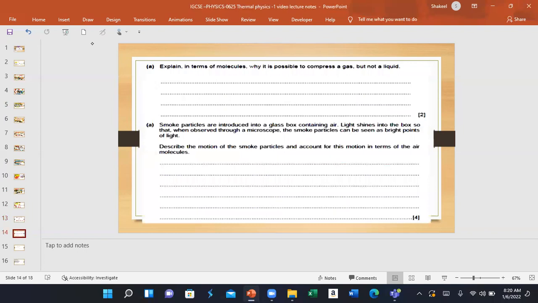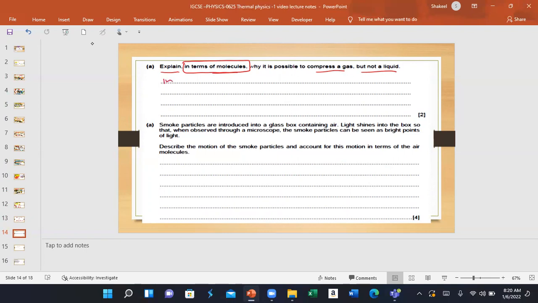Okay, a theory question: explain in terms of molecules why it is possible to compress a gas but not a liquid. So it's quite simple. In terms of molecules means you have to mention something about molecules, that why gases are highly compressible and liquids are not.